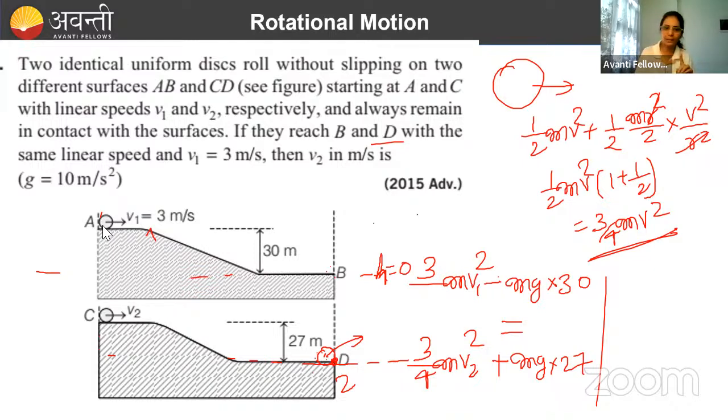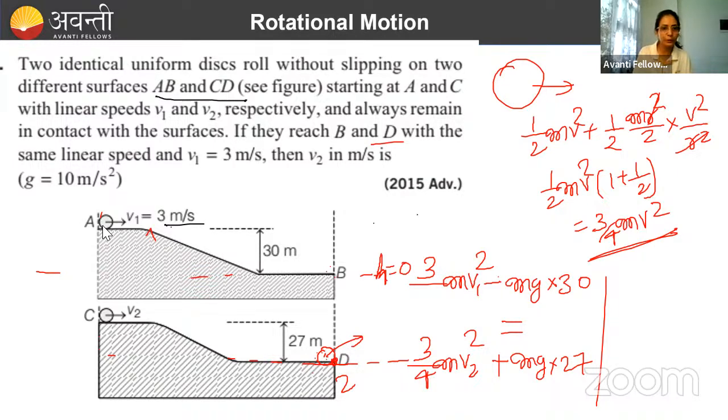Question क्या है? Two identical uniform discs roll without slipping on two different surfaces AB and CD. So AB और CD पे दो बॉल स्लिप कर रहे हैं. Done. दोनों का ही मास सेम है. दोनों ही तुम्हारा यूनिफॉर्म डिस्क है. Done. Geometry भी everything is same. One is starting from A, another is starting from C. One is starting from 3 meter per second, another is starting from the speed v2 meter per second.